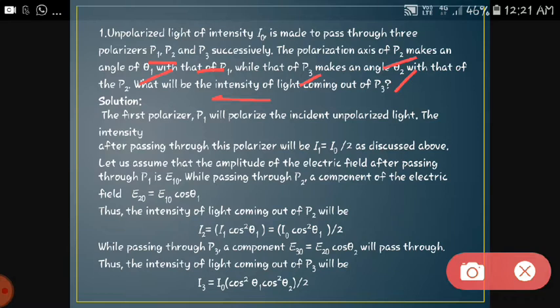So unpolarized light of intensity I0 is passing through all three polarizers, which make some angle with each other. What will be the intensity of light coming out of P3?